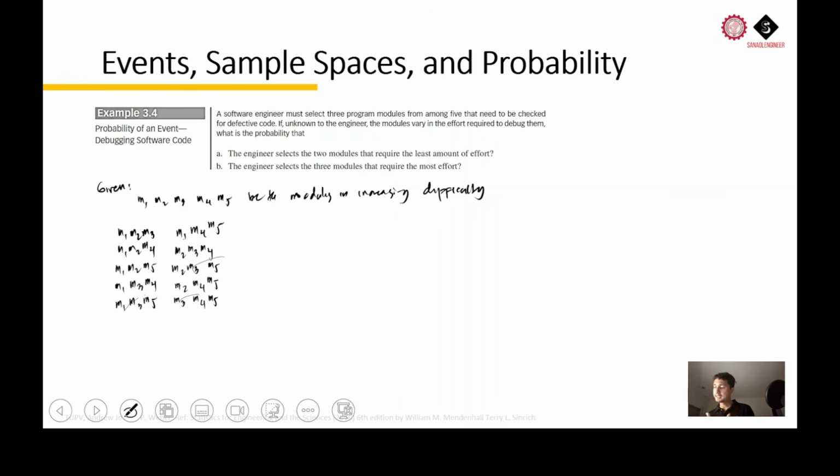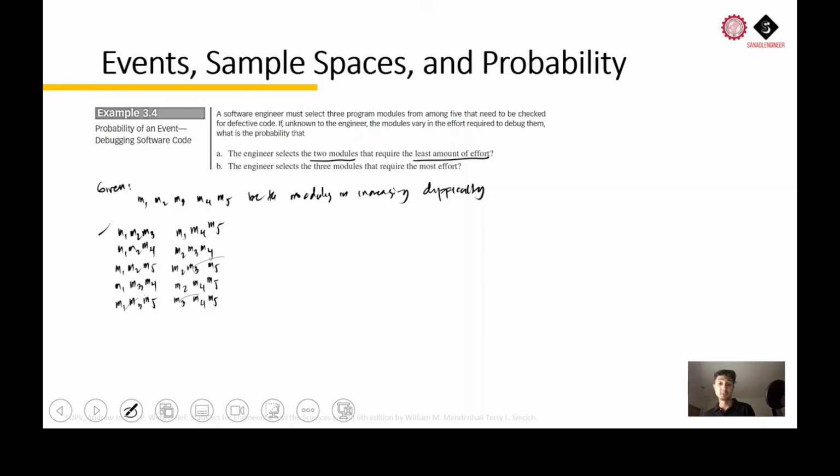The engineer selects the two modules that require the least amount of effort. So two modules, those are one and two, right? So what are the events here that contain one and two? Because the engineer selects the two modules that require the least amount of effort. So we have here M1, M2, and M3.